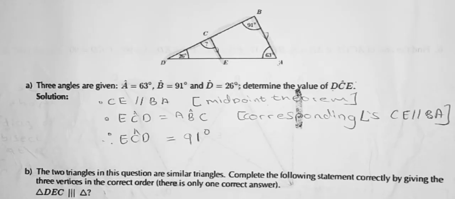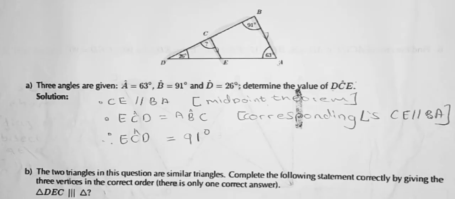Similar means they are alike, not the same. They're just similar. Complete the following statement correctly by giving the three vertices in the correct order. There is only one correct answer.